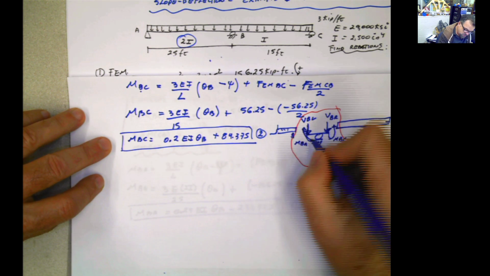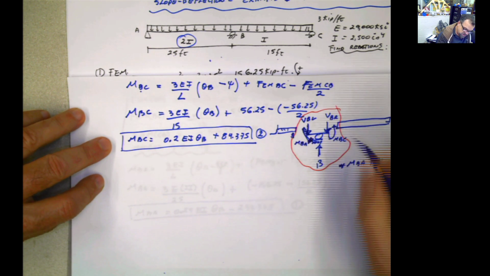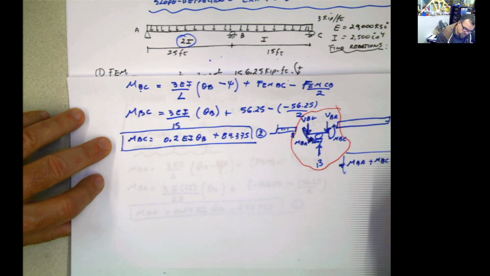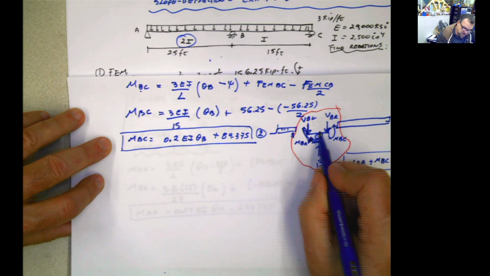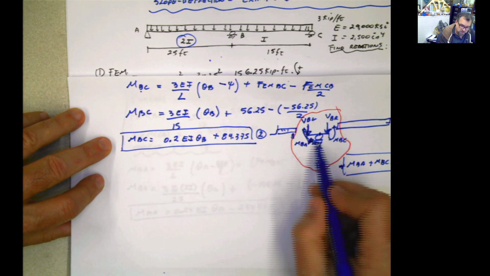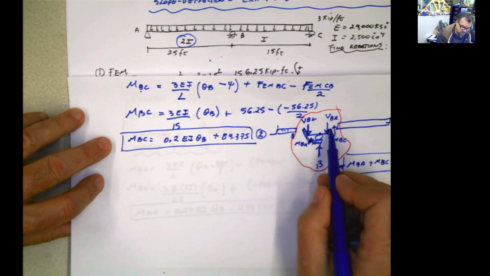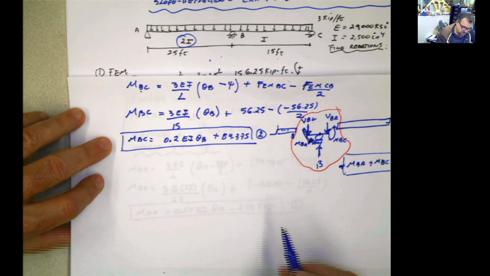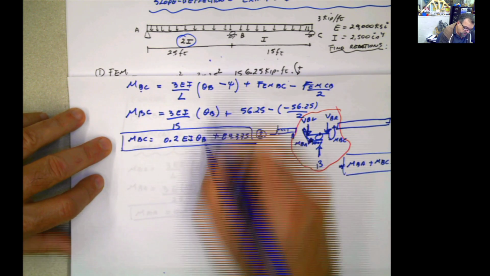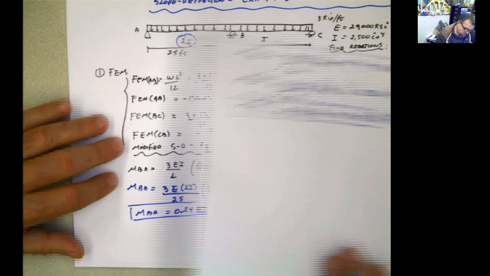But what I know is that the total moment MBA plus the moment MBC has to be 0. The resultant moment here has to be 0. Plain and simple. The support is not going to take moment, so this moment plus this moment here has to be 0. And we're going to use that equation as our third equation to put together with these two. So let's do that.